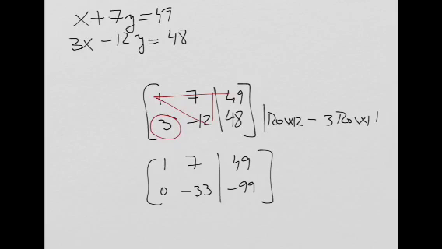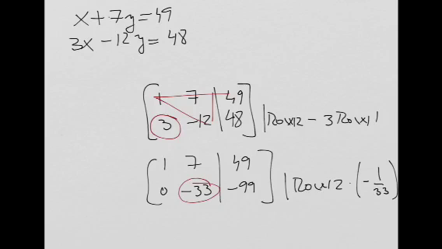Now I want to get that 1 right on the pivot. So then I will do what? Row 2 times, or divide by, or times negative 1 over 33, because I want to get a 1 here.